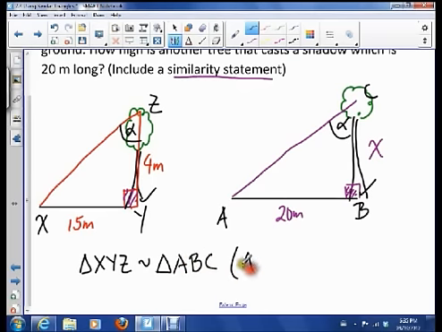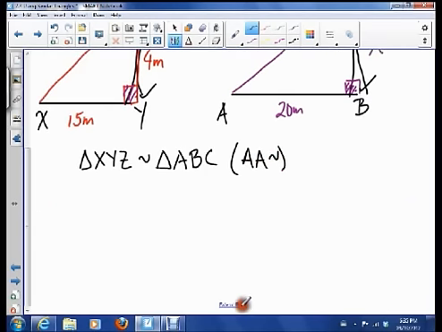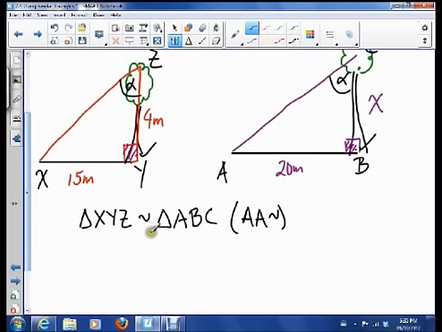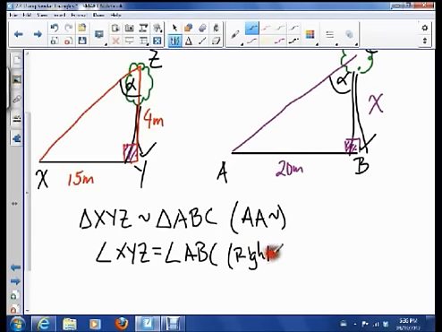And we're saying it's because it's angle-angle similarity. Now I just have to show what the two angles are. So angle XYZ is equal to angle ABC, and the reason is that we know that they're right angles.